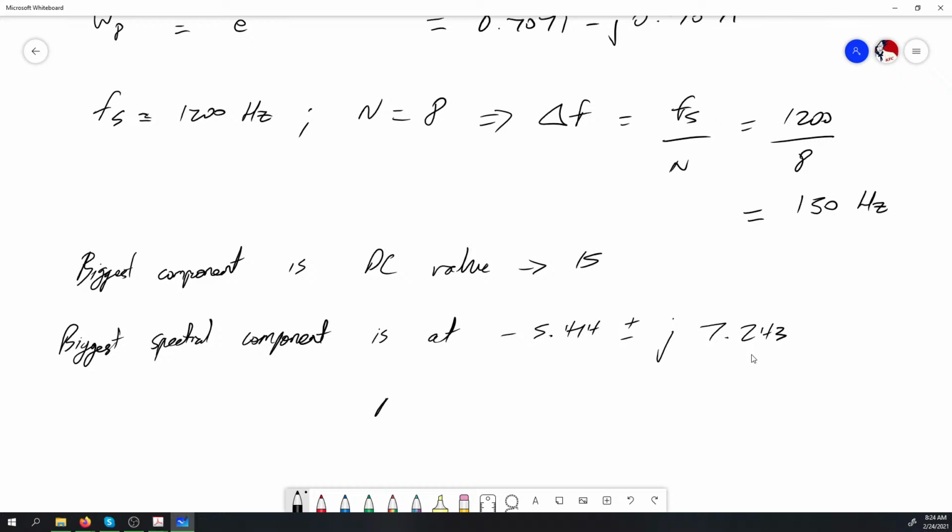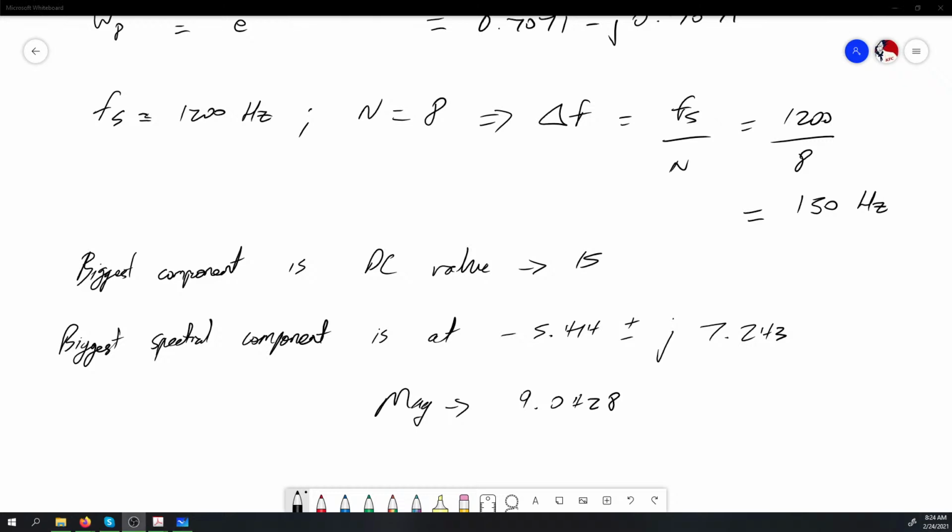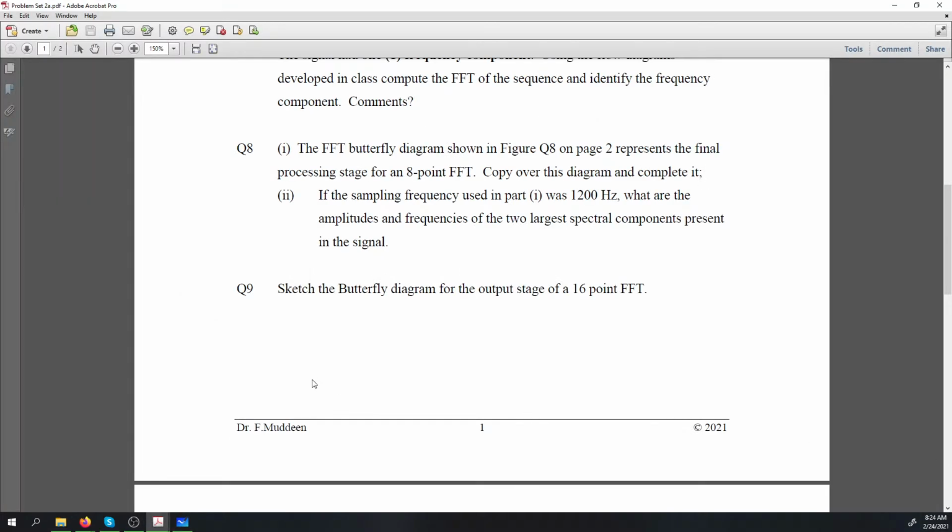And if we take the magnitude of this, this is going to be 9.0428. So that basically answers the second part of our question 8, which is find the amplitudes and frequencies of the two largest spectral components present in the signal.